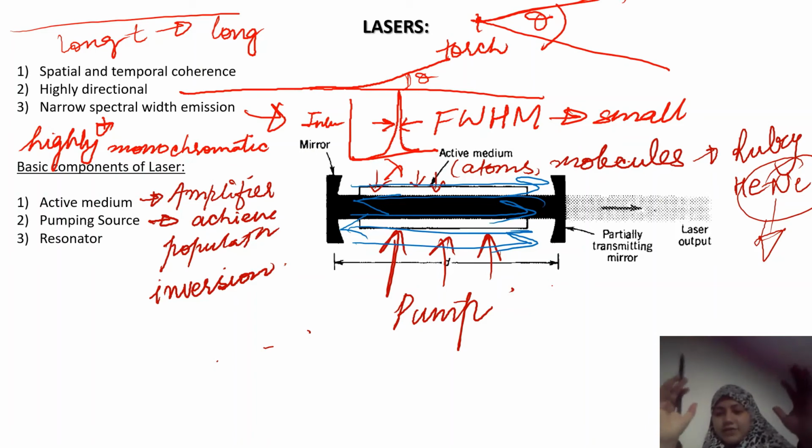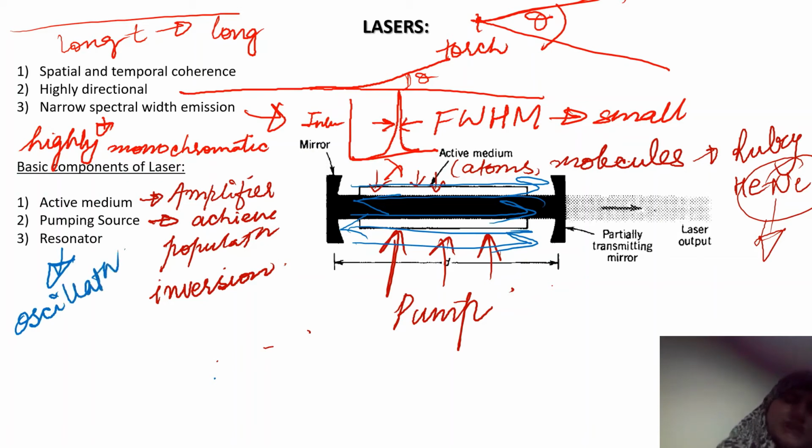To get oscillations, we will introduce some feedback, so that part of the output energy will be fed back into the system so that there will be more and more amplification. So this resonator is used to get oscillation. These oscillations will introduce feedback in our system.